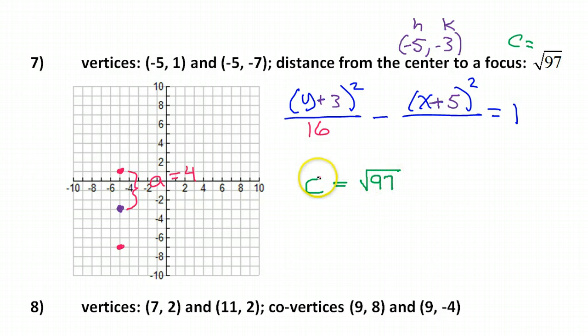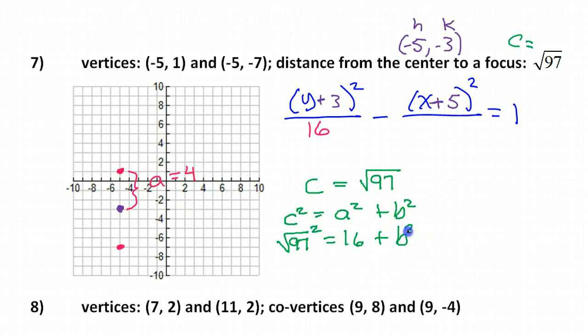So I have a and I have c, so I should be able to find b. Let's use our little formula: c squared is equal to a squared plus b squared. So radical 97 squared should equal a squared, which I already know is 16, plus b squared. If I take radical 97 and square it, I just get 97.